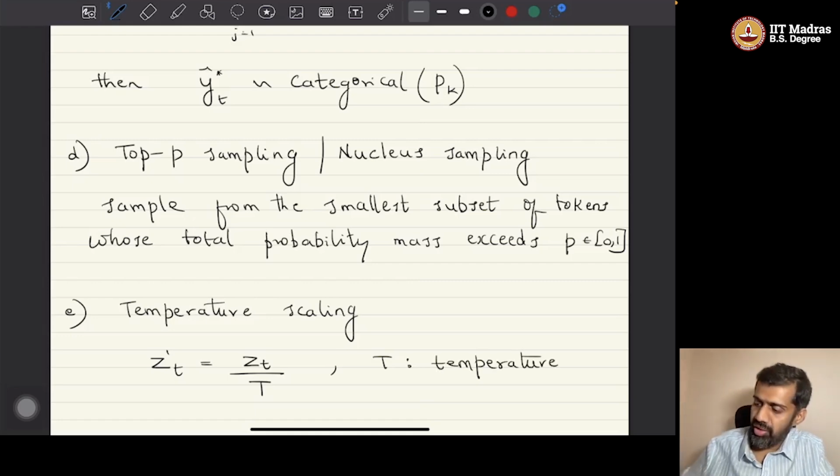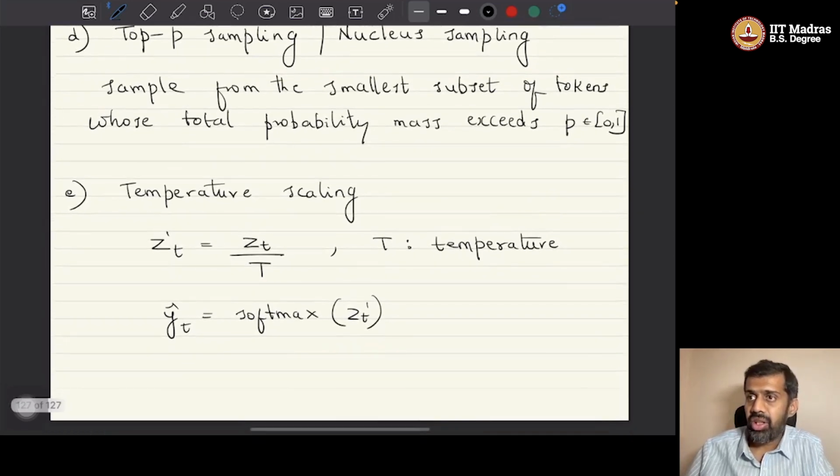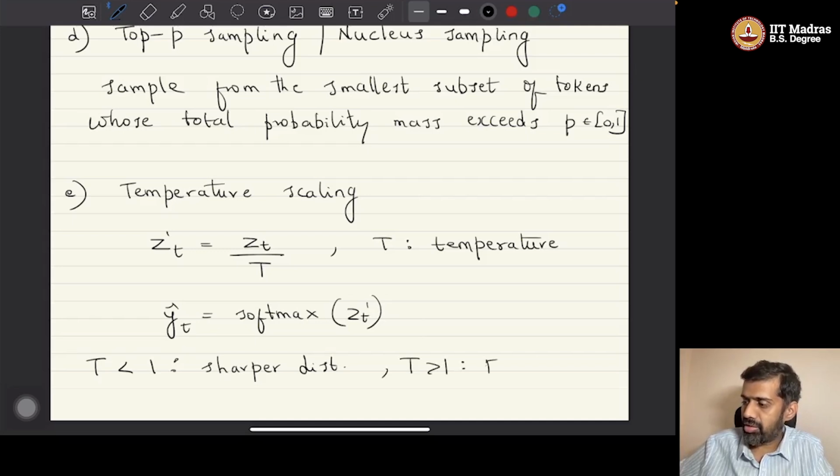And then we have the usual thing: y cap T is equal to softmax, but instead of softmax of zt, this will be softmax of zt dash, which is the scaled version of the logits. Now typically the idea is if T is less than 1, we have sharper distributions, less randomness, and if T is greater than 1, we have flatter distributions and so on. This is called temperature scaling.